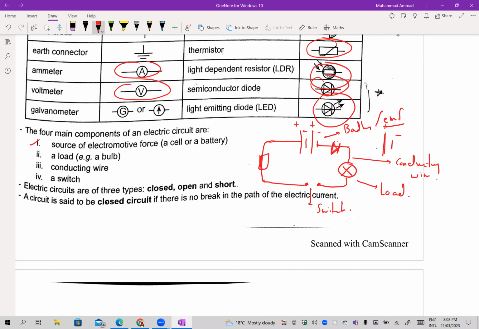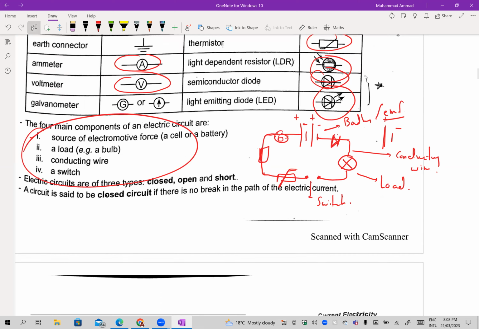You can add a thermistor here. Yeah, an LDR. So there's an option to add as many things as you want to, but you need these four to complete a circuit.